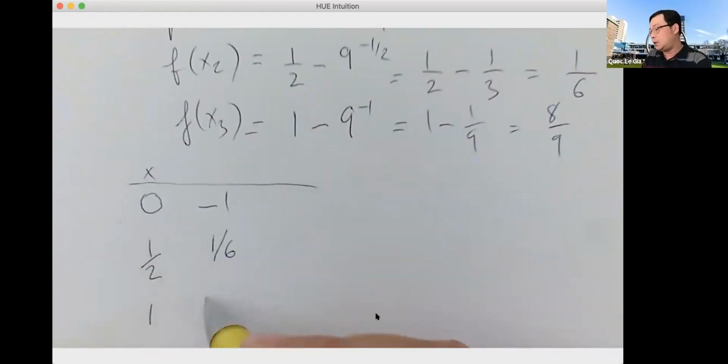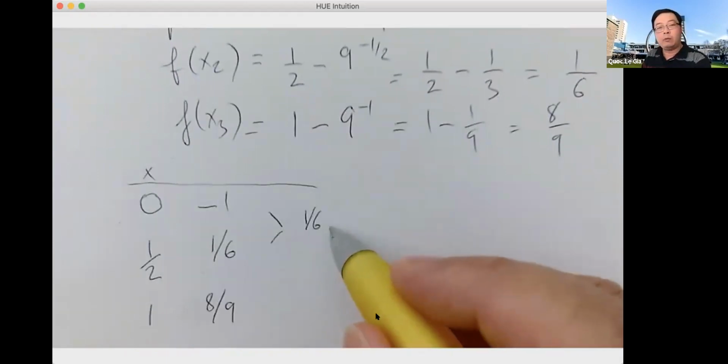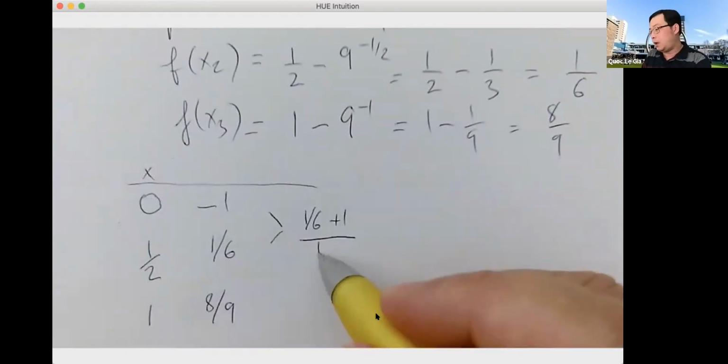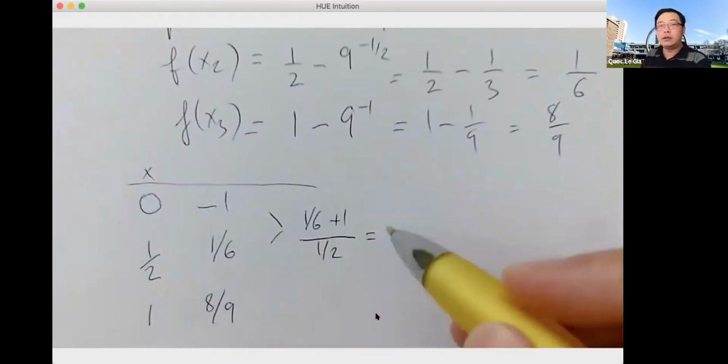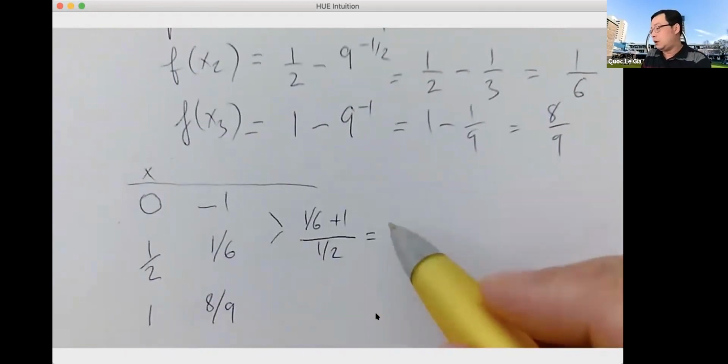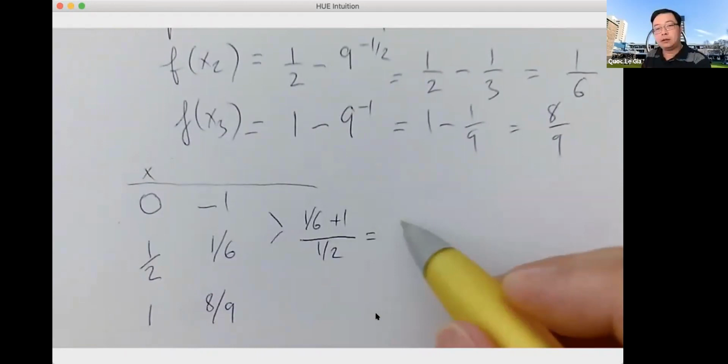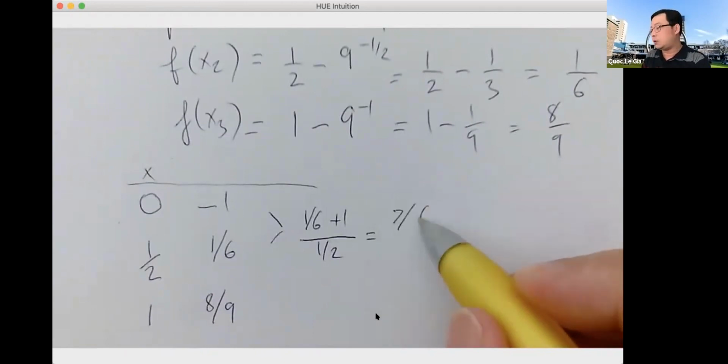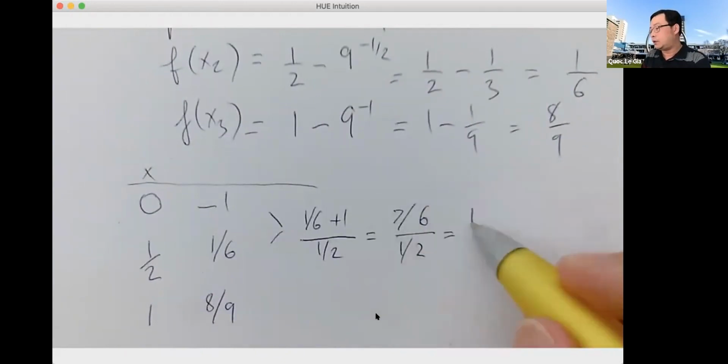So this entry will be 1/6 minus 1, become plus 1, divided by 1/2 minus 0, just 1/2. So this one gives you 7/6 over 1/2. So divide by 1/2, multiplied by 2, 14/6, which is 7/3.